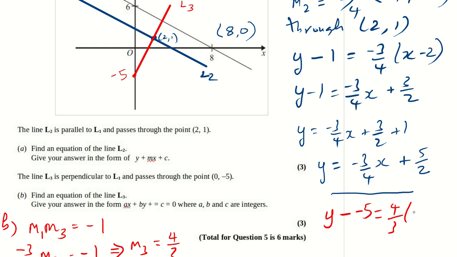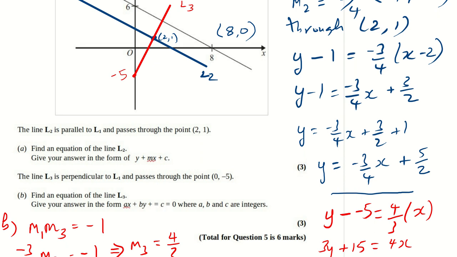But the x value is just 0, so we just have x there. And if I multiply through by 3, I get 3y plus 15 equals 4x. So my final answer is going to be 4x minus 3y minus 15 equals 0.